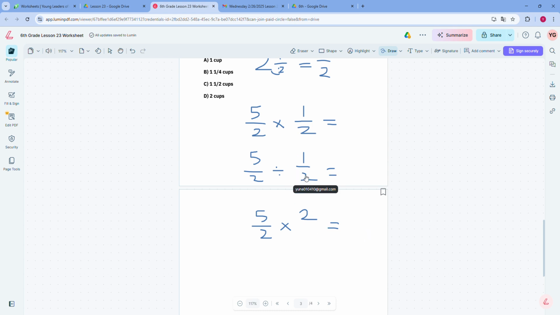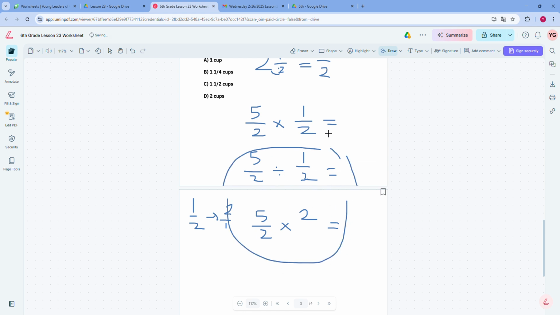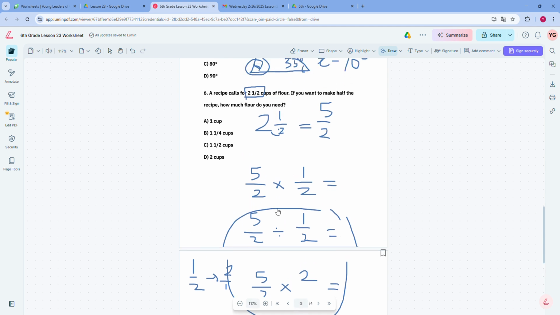You know this because when you divide a fraction by a fraction, the equivalent is multiplying by the reciprocal. A reciprocal is when you flip the numerator and the denominator. So these are equal. That's why you multiply instead.